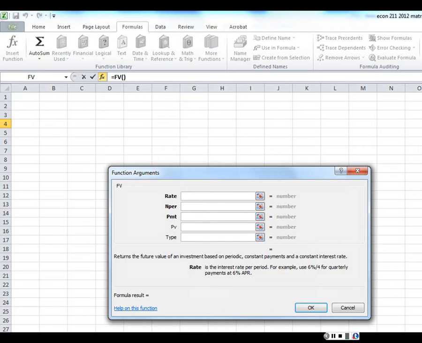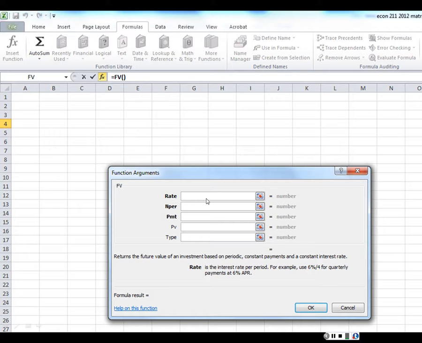The other thing you want to think about, yes? For period, would you do months or years? Good question, I was going to get to it. If your payments are monthly, let's say $200 a month, then your periods have to be months and the rate has to be monthly.